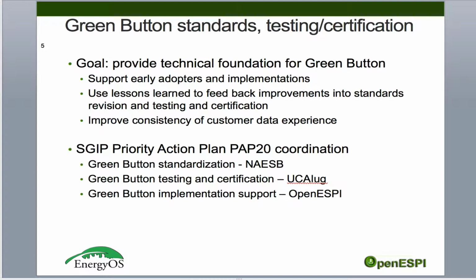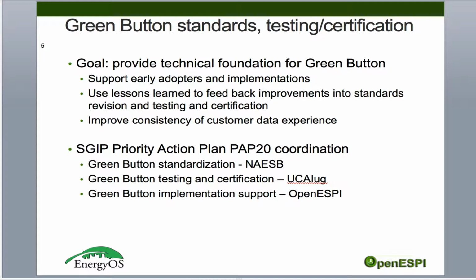So basically, just to summarize that, we have a goal to provide a technical foundation for GreenButton, and that involves both support for implementations and testing and certification for the purposes of improving consistency of the data.